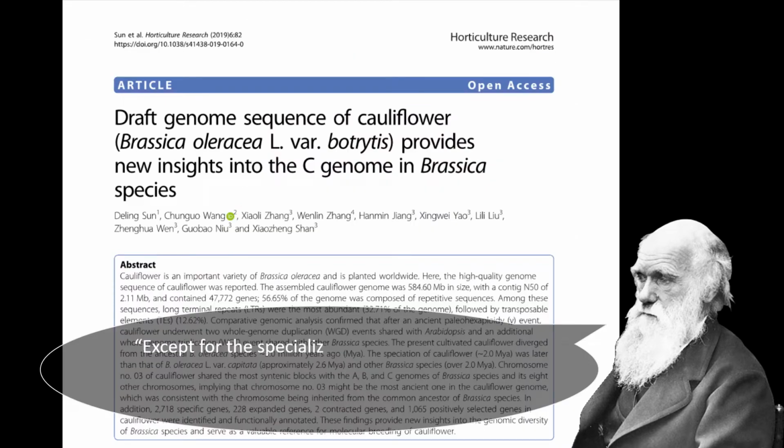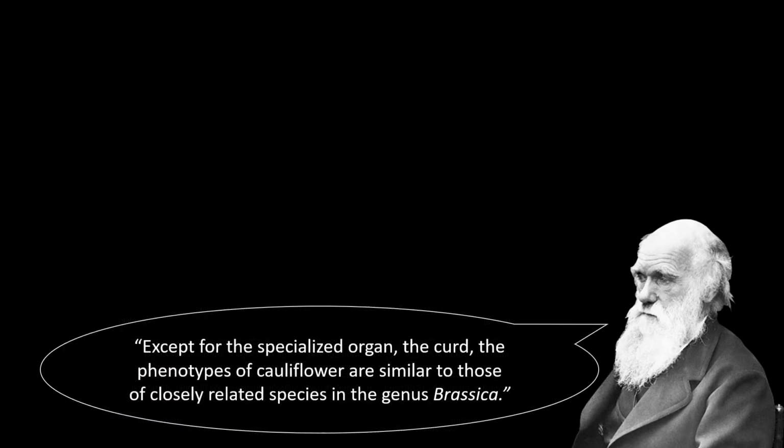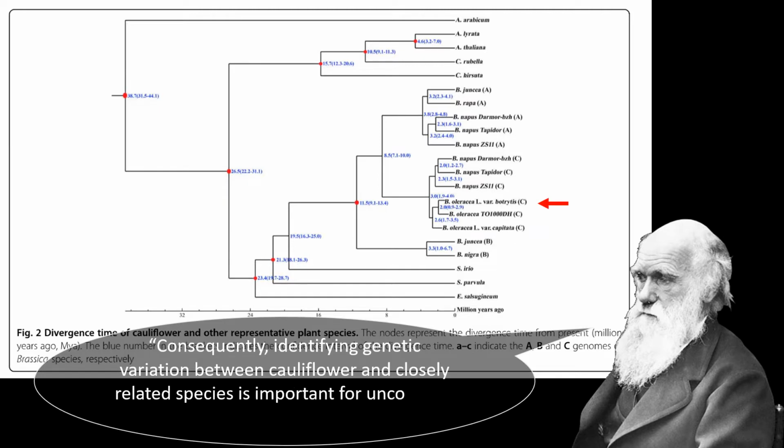Except for the specialized organ, the curd, the phenotypes of cauliflower are similar to those of closely related species in the genus Brassica. Consequently, identifying genetic variation between cauliflower and closely related species is important for uncovering the phenotypic specificity of cauliflower.